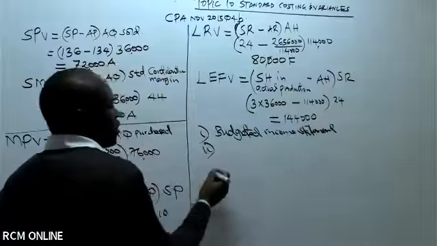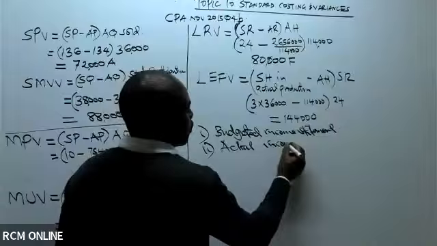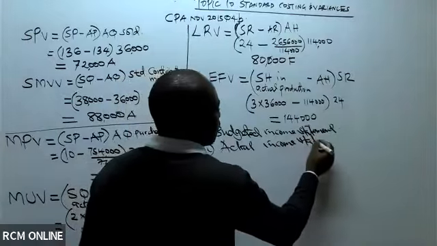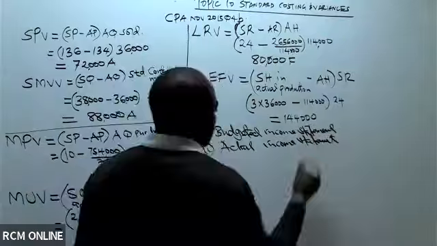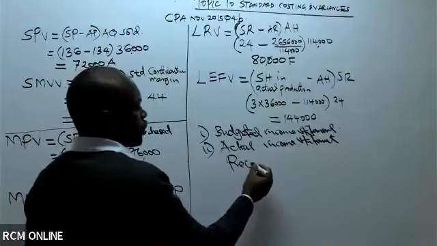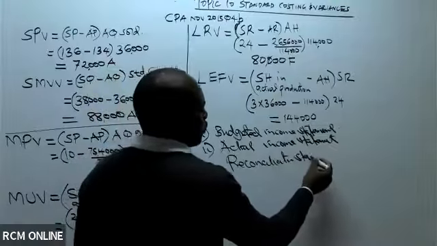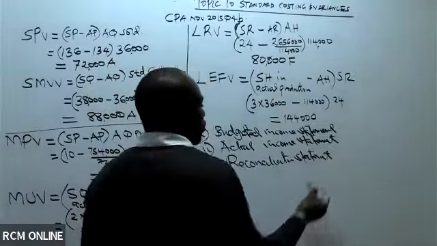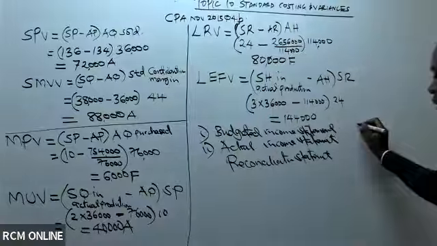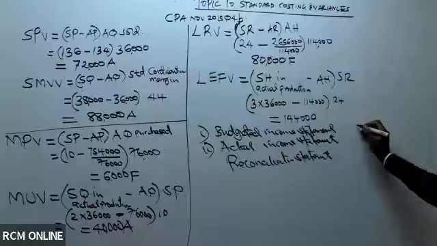Number two, actual income statement. So that when we meet on Friday, we are going to do reconciliation statement, right? You basically give us budgeted statements because I've given you the procedure.